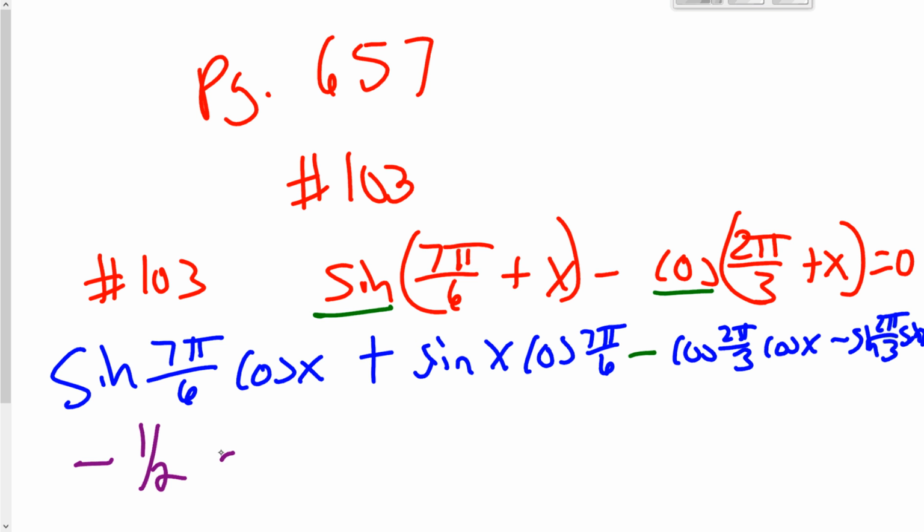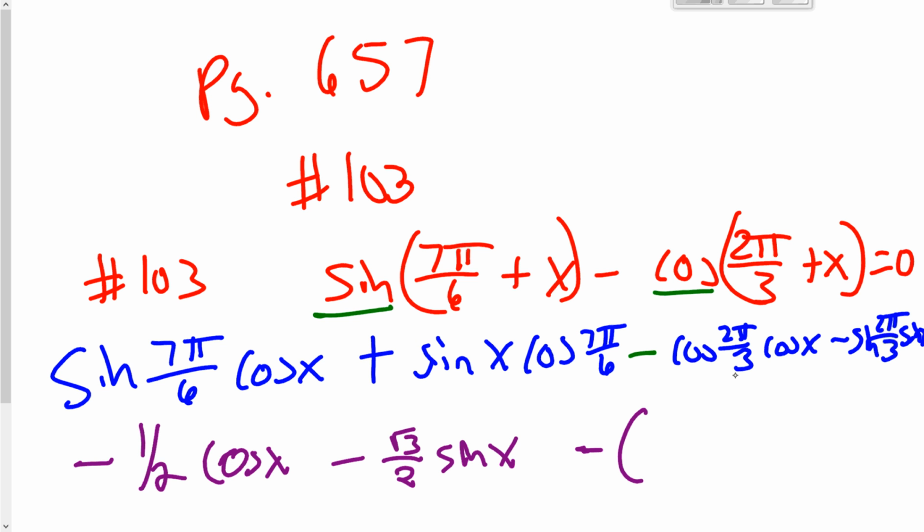Let's go ahead and move those over. So we times this one by cosine of x, and then plus, we said that's √3/2, but it's negative, so this sign is going to change from positive to negative, and then sine x. And then we're going to subtract this one.